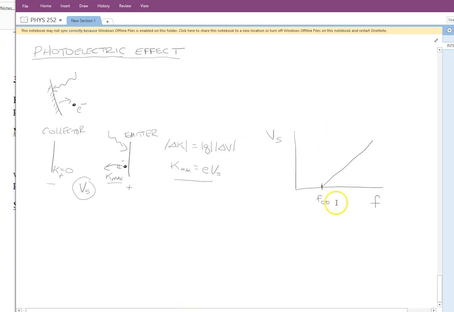This plot, for instance, why it's linear, why we see photoelectrons being ejected so quickly, even in low light levels. The first observation that there is this cutoff frequency. Below a certain frequency, we don't see photoelectrons. And how come the stopping potential for a given frequency is independent of light intensity?